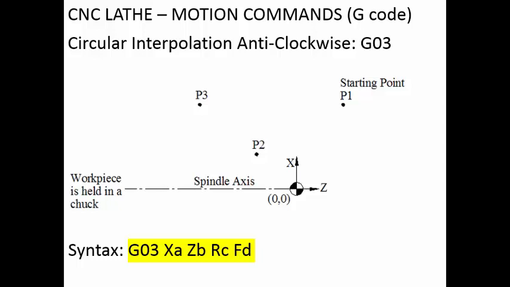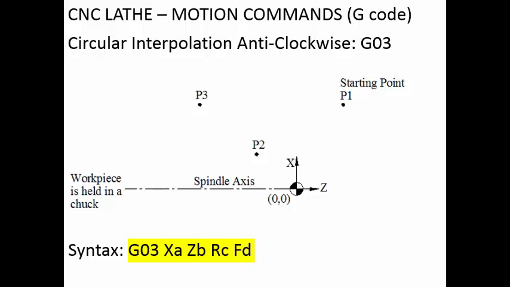So when we say G03 X, since we want to go to point P2, XA means the X coordinate of that point P2, ZB, B means Z coordinate of point P2, then RC, what is the radius of the curve from P1 to P2. So whether it is a very small radius or whether it is a very large radius. So the minimum radius will be half the distance between the points P1 and P2.